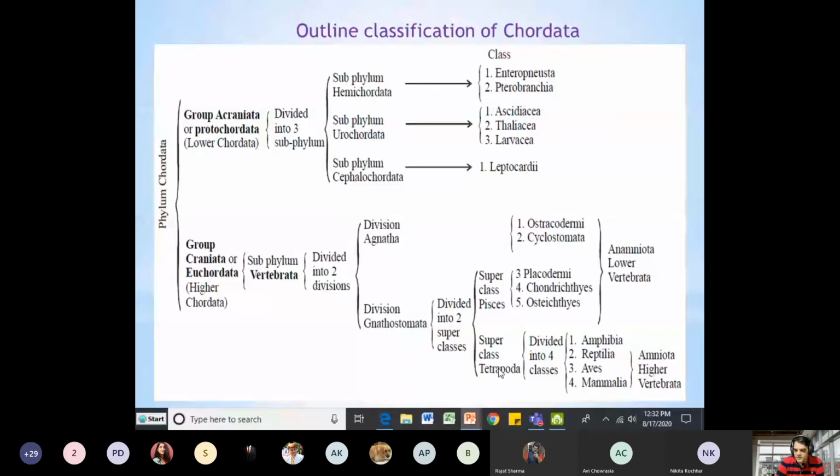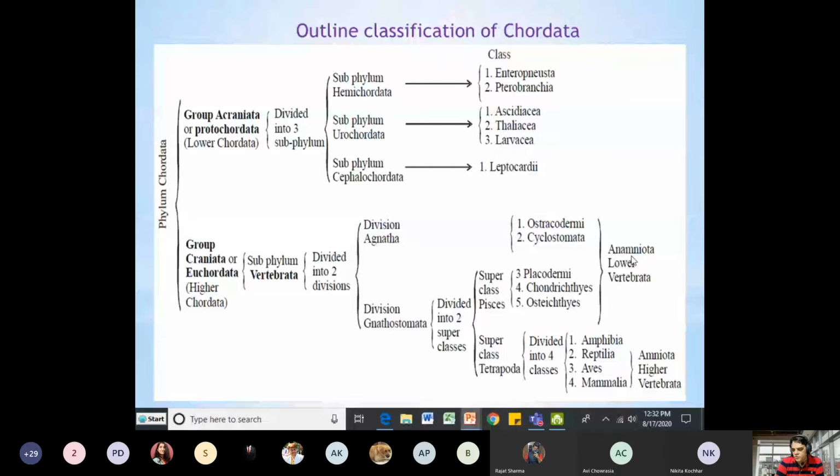The superclass Pisces has three classes: Placodermi, Chondrichthyes, and Osteichthyes. These three classes are related to fishes. All the fishes are studied within these three classes. Ostracodermi, Cyclostomata, Placodermi, Chondrichthyes and Osteichthyes, these five classes are considered anamniota or lower vertebrata.